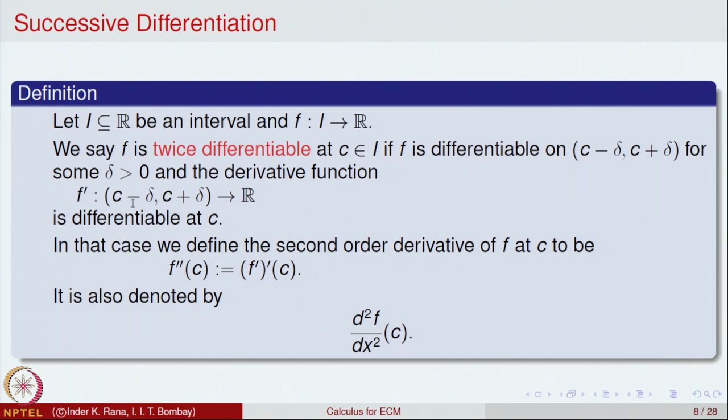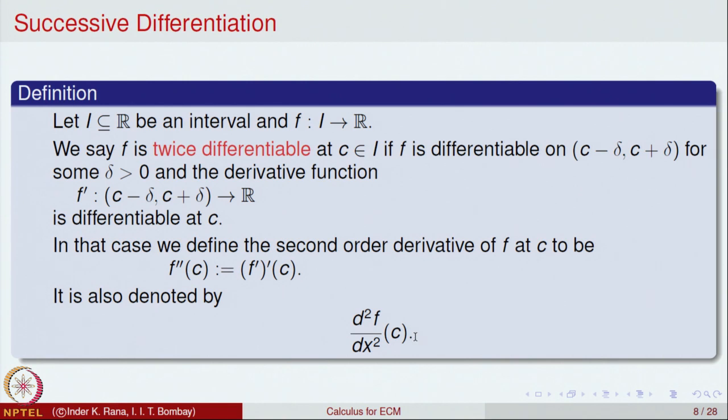So, twice differentiability means f is differentiable in an open neighborhood of C and the derivative function is again differentiable at the point C. So, we say f is twice differentiable at the point C, and this is called the second derivative of f at C. When f dash is differentiable, it will have a derivative at the point C, and normally we denote it as f dash dash, but that is shortened as f double dash at C. So, the double dash at the top indicates the second derivative.